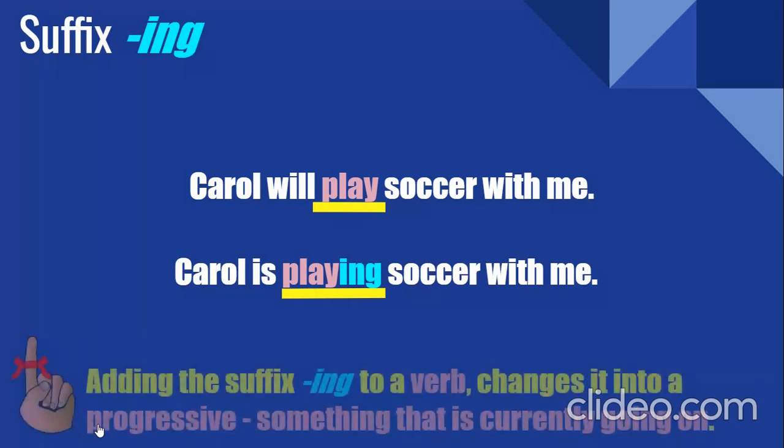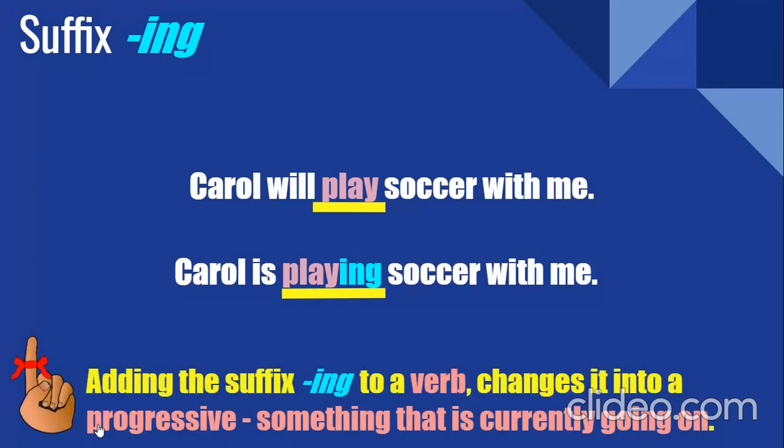It has not ended yet. So when I add my suffix ing to a verb, it changes it into a progressive verb, something that is currently going on at this time, like I am talking right now. You are listening right now. So it is currently happening.